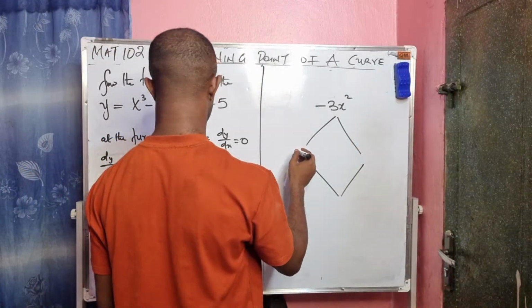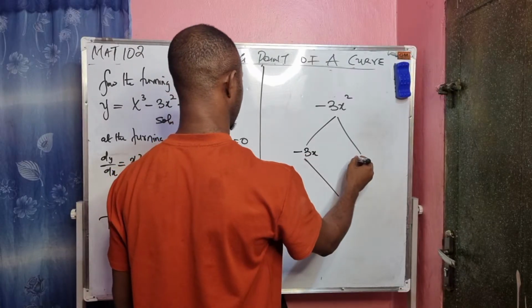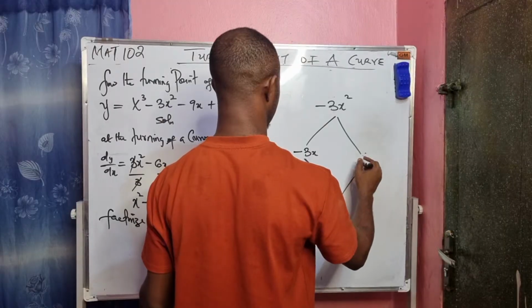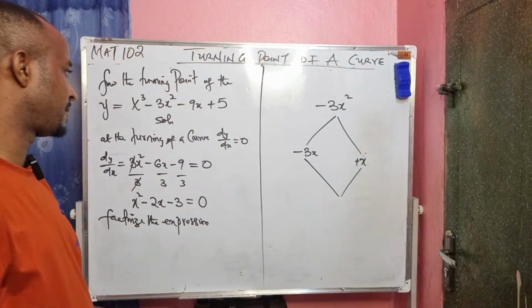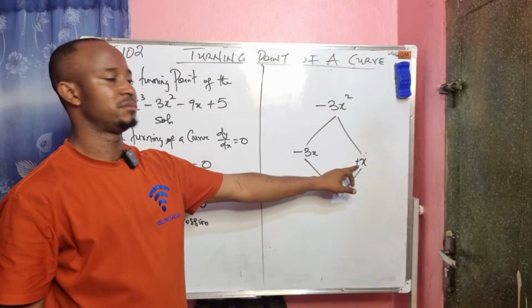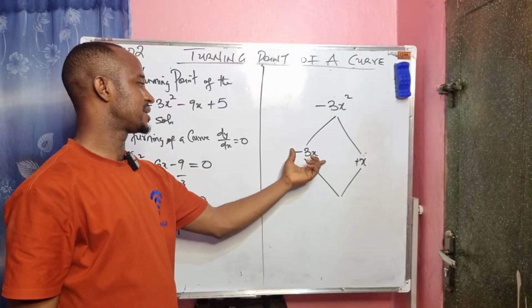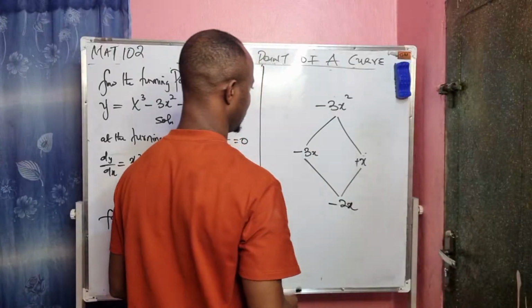We're going to have it as minus 3x plus x, right? Plus x. Let's verify and see. Minus 3x times plus x is minus 3x squared. Minus 3x plus x is minus 2x, right?